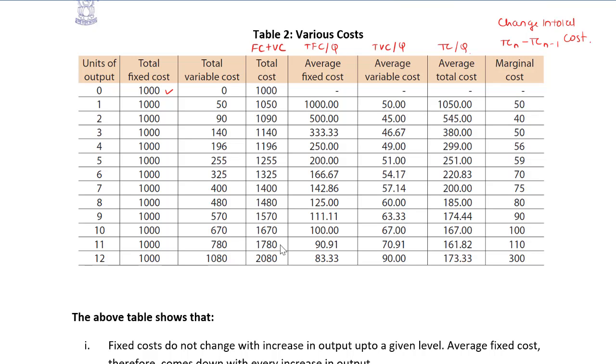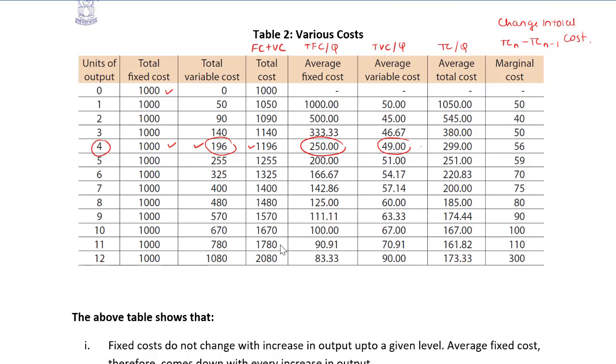I believe you understood how to solve it. For instance, just see at point 4: fixed cost is 1000, variable cost is 196, total cost 1196. Average fixed cost is 1000 divided by 4, which is 250. Average variable cost is 196 divided by 4, which is 49.